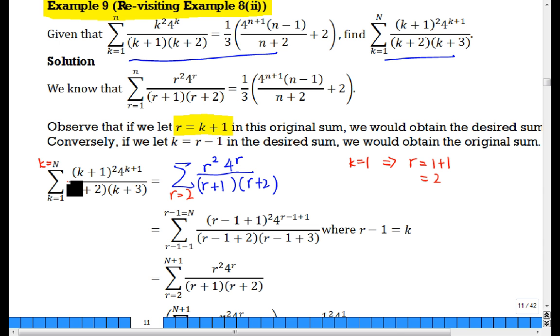But when we change variable in this method, it is critical that we take note that it's K equals to N, which means at K equals to N, what does it mean? That means R equals to N plus 1. So this must be N plus 1. Follow what I'm saying? Can?